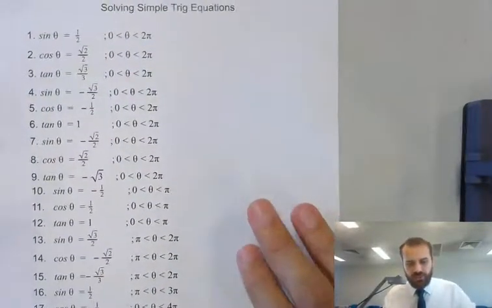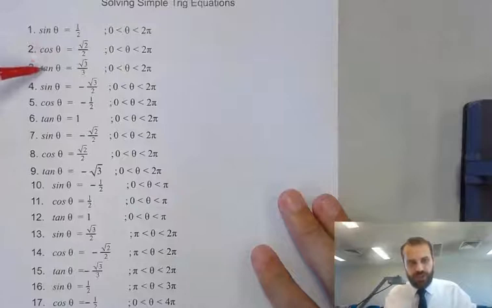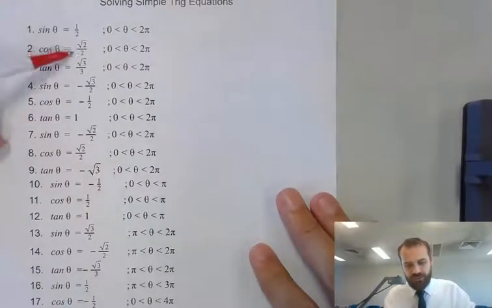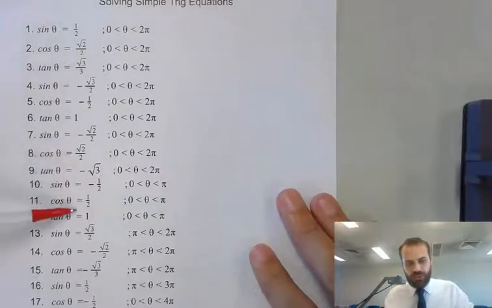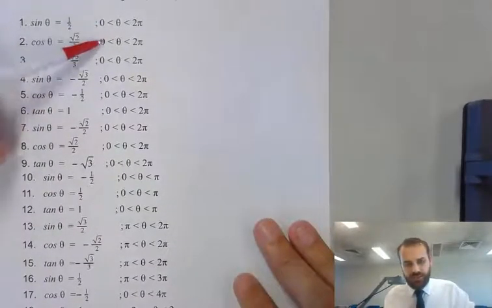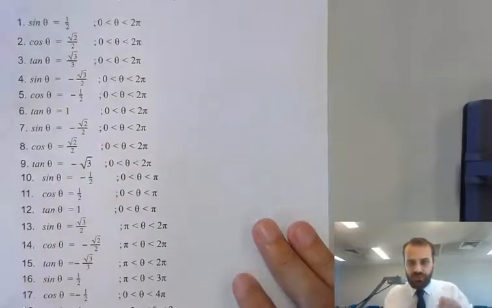Before I start working through this, I think it's really important that I look at the whole sheet because there's a few differences here. Sine, cos, tan, sine, cos, tan. You can see some of the answers are going to be positive and some of them are going to be negative. That's going to be important to us when we start looking at CAST. And you can see the domains. Heaps of the first ones are 0 to 2 pi. That's a whole revolution.